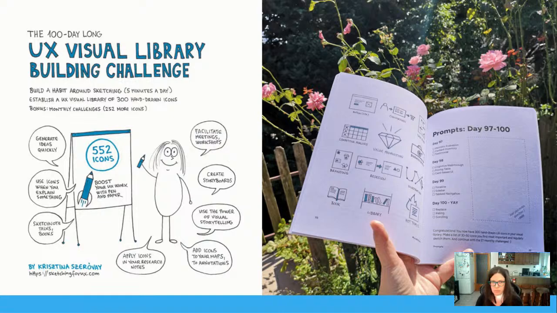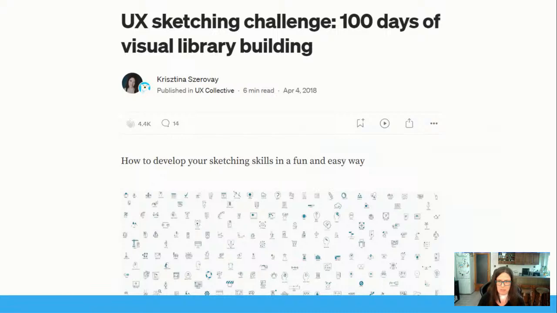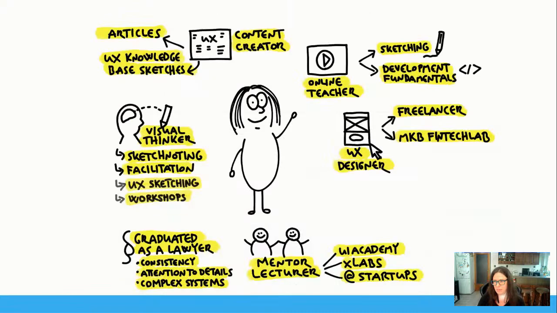And the digital version of this book is also a free resource. And again, I added the link in the speaker notes. And this is how one day of the challenge looks like, things to sketch out on the left, and my solutions from the previous days on the right. And I wrote about this challenge in this article.